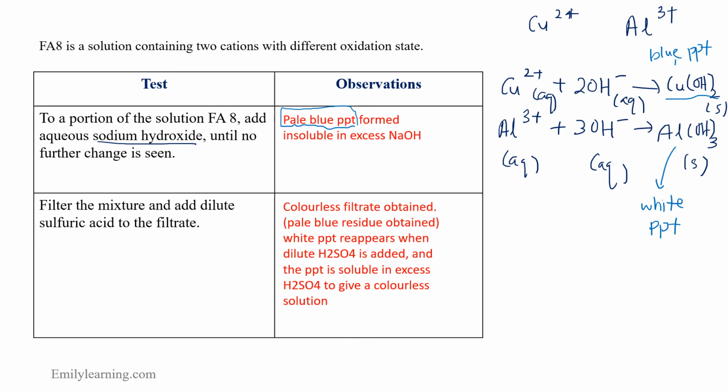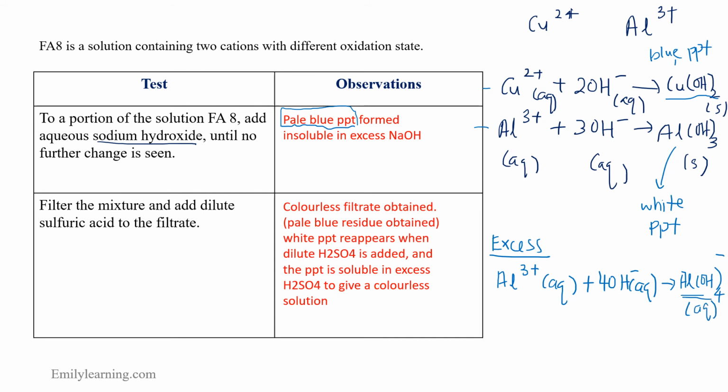So next, we know that we have these two PPTs when we add NaOH. Then when we add excess NaOH, aluminium ions form a complex, Al(OH)4-. This is a relatively stable complex, and this complex is soluble in water. The formation of this complex will reduce the concentration of Al3+ in the solution.